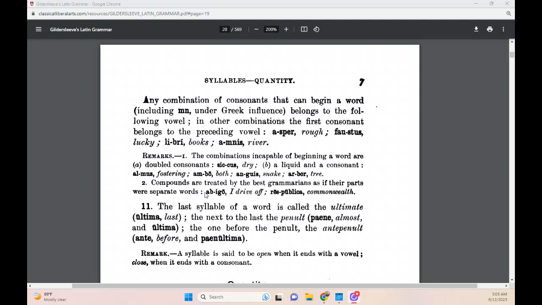So here we have the word abigo, abigo. Now, we've got here an example of two vowels with a consonant in between them. According to the rule we learned before, that consonant will go with the second vowel. But here we see it joined to the first vowel instead. And the reason why is because this is a compound word that's composed of the preposition ab. So this is actually a Latin word.